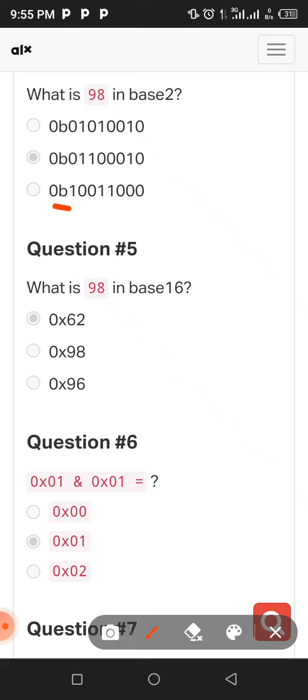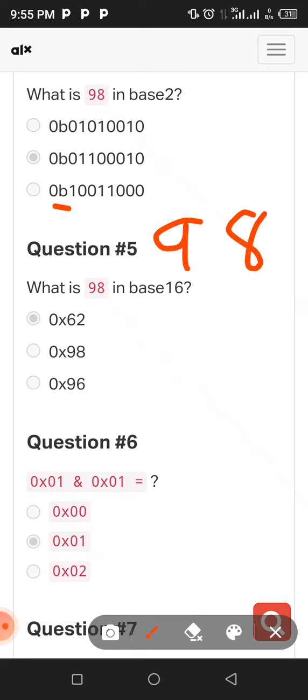So we're going to start with 98. Let us convert it to base 10 first, or before doing that, let's convert it to hexadecimal. So we have 9, 8.